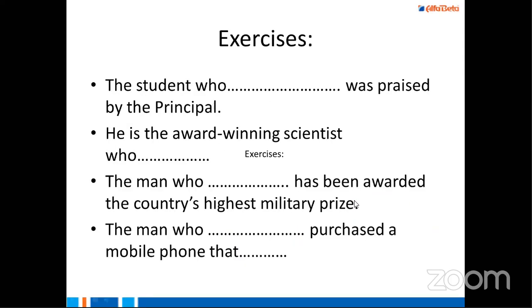Let's do some exercises, guys. Look at all these examples. This is a very simple exercise. All you have to do is fill in the blanks with the rest of the adjective clause.